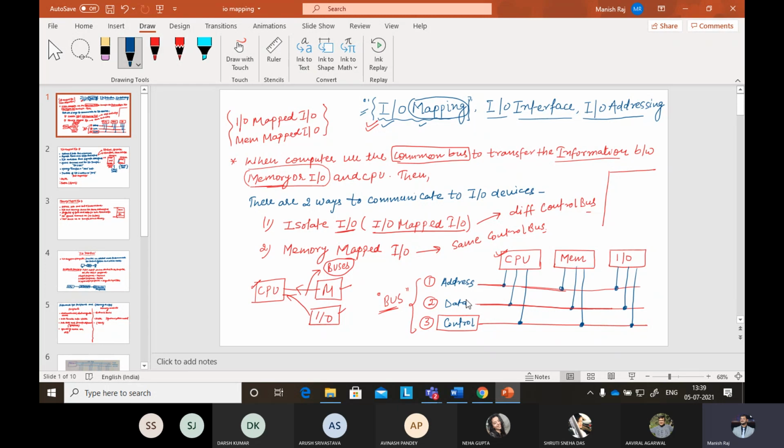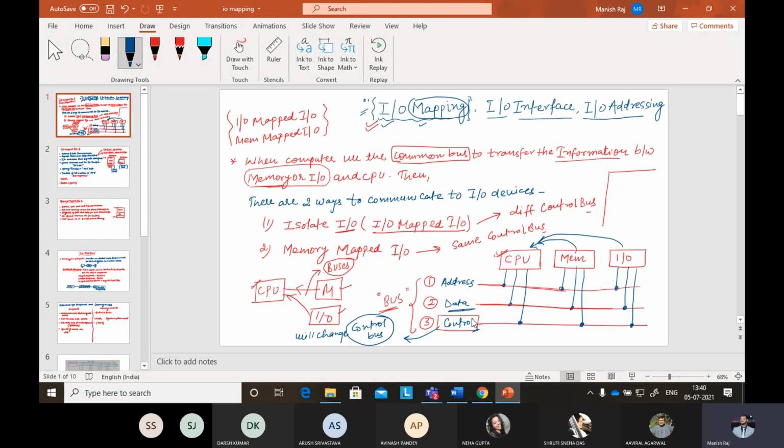Only the control bus will change for connecting the IO devices and the memory. The address bus will be common to connect the memory or the IO devices to the CPU. The data bus will be the same, but the control bus will be different.